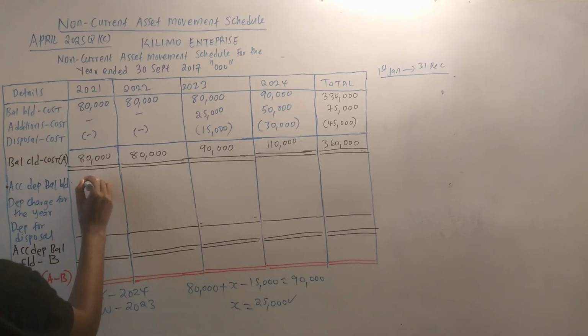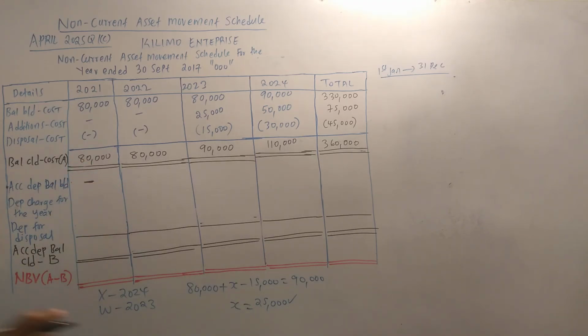So it is dash. Because the business started that year, meaning it started on 1st January 2021, there was no depreciation in 2020, because the business did not exist in 2020. Therefore there is no depreciation brought forward from 2020. So it is zero. Now let us see depreciation for that year. We have a depreciation rate of 20% on reducing balance.